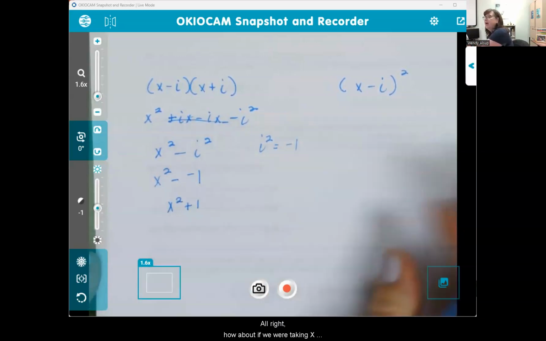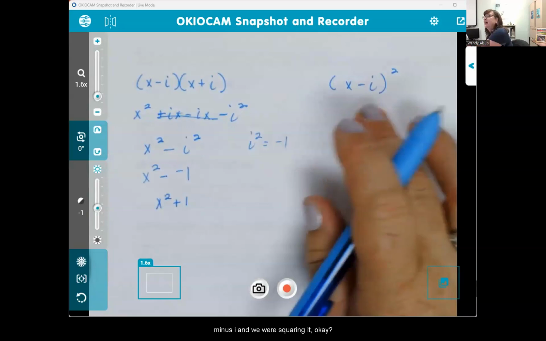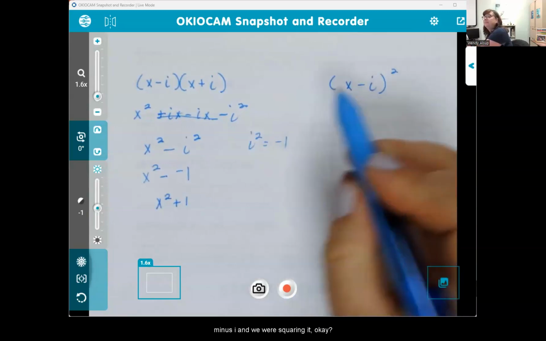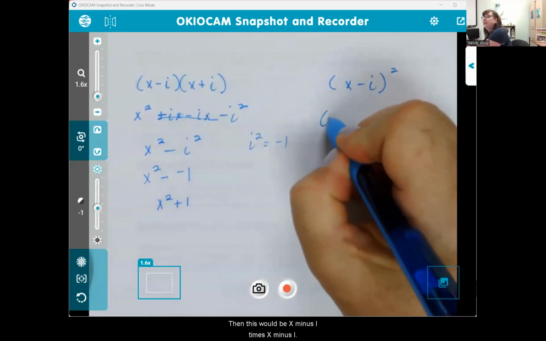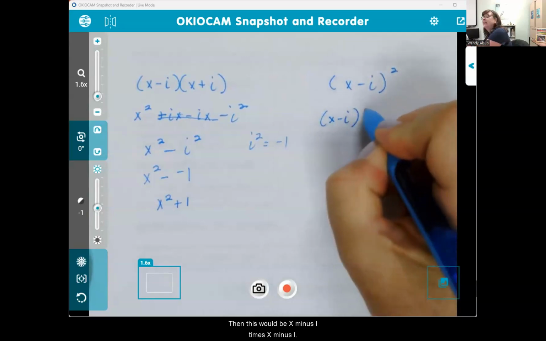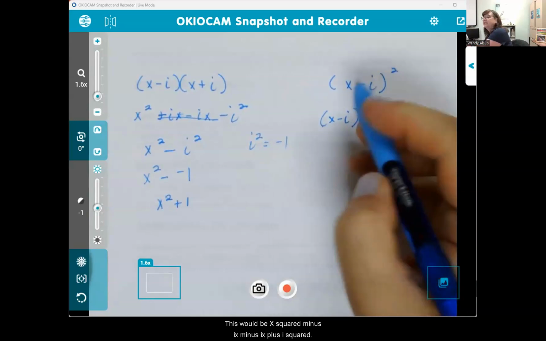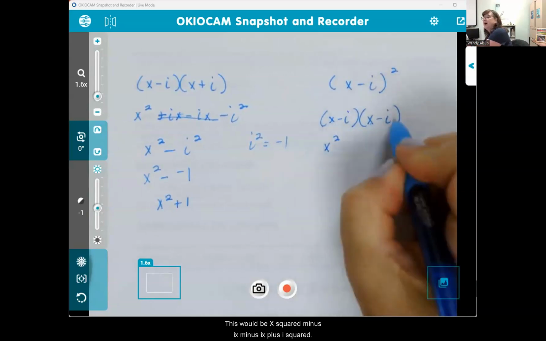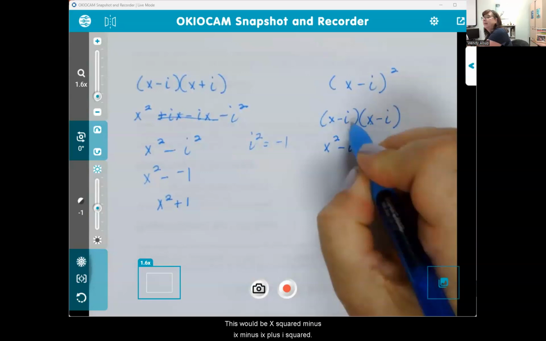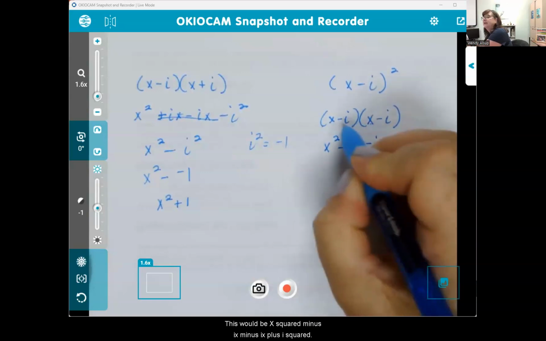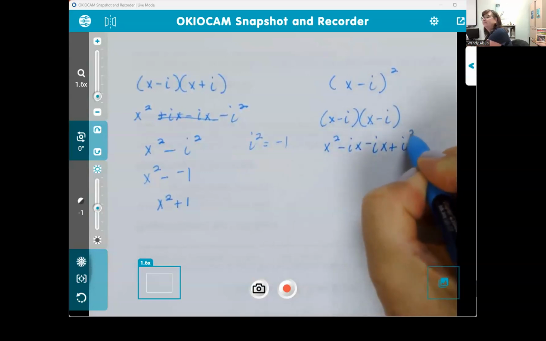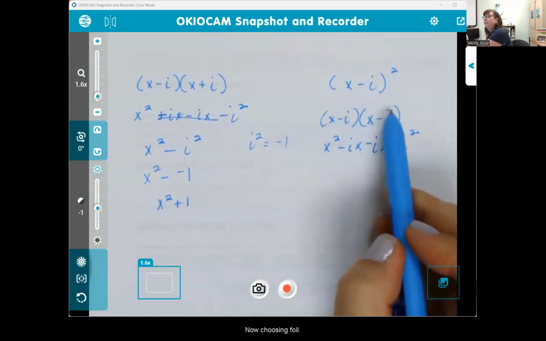All right. How about if we were taking x minus i and we were squaring it? Then this would be x minus i times x minus i. This would be x squared minus ix minus ix plus i squared. That's using FOIL.